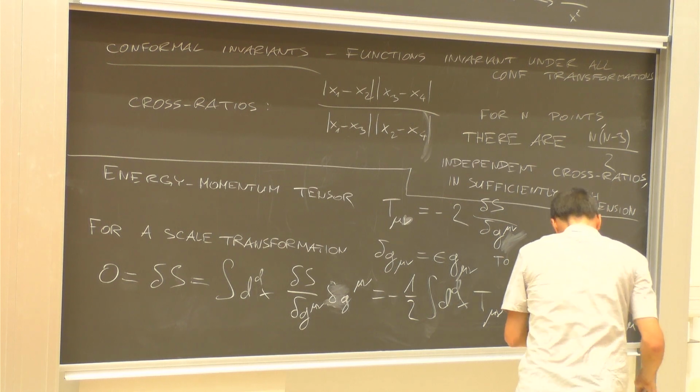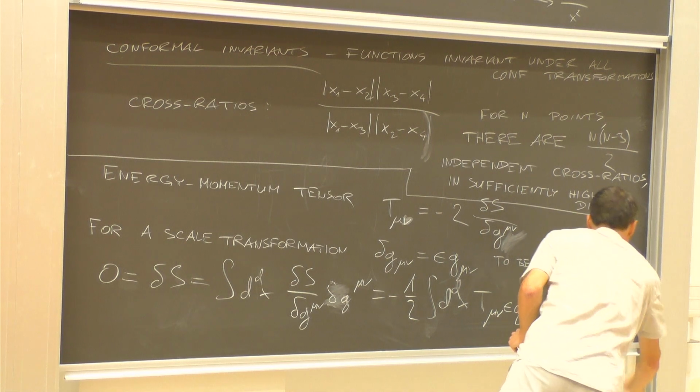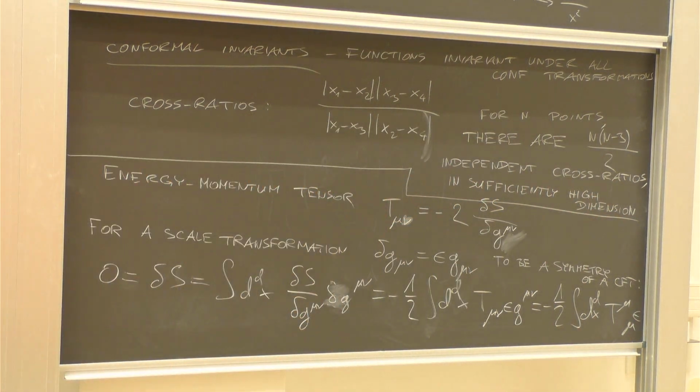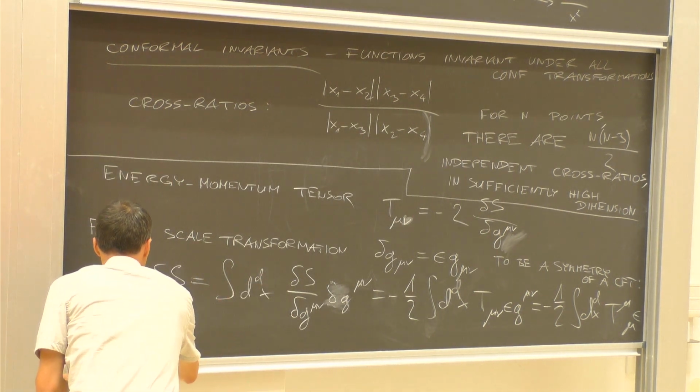So we essentially obtain the integral of the trace, and from the standard argument it follows that the trace of the energy momentum tensor should be 0.